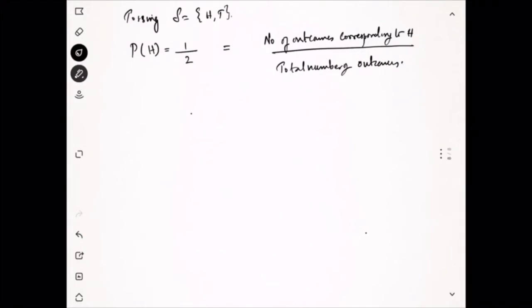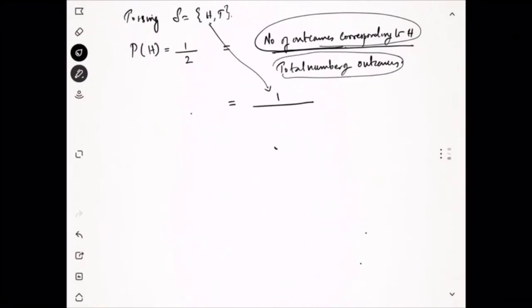Now you can see how we are getting this number. The number of outcomes which correspond to H is only one, and the total number of outcomes is exactly 2. So we get the probability of head as 1 over 2.